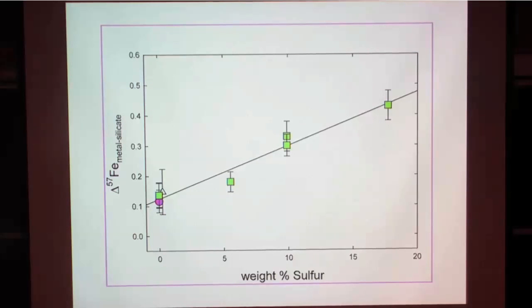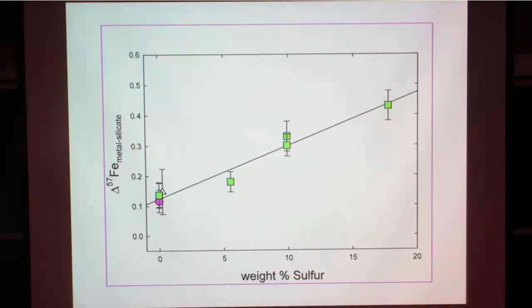And I showed you that in an equation earlier, right? It's 1/T². So that's pretty important, right? That's going to cause a very strong decrease in isotope fractionation. But composition was thought to not be so important. And so when we did these experiments, we didn't expect to find a dependence on the sulfur content of the metal. So then we tried to figure out why.